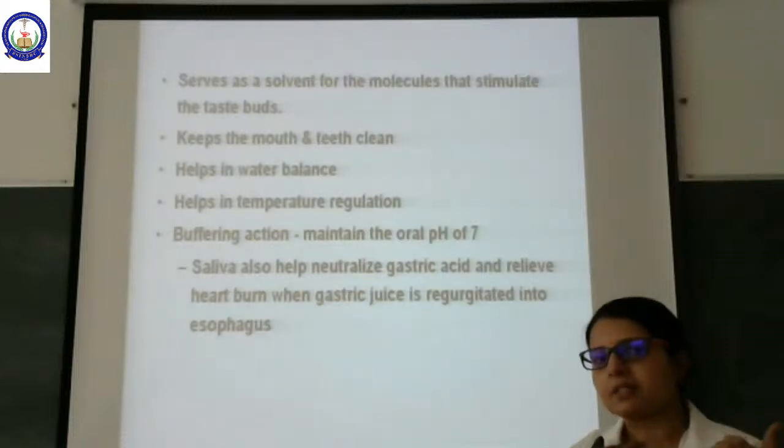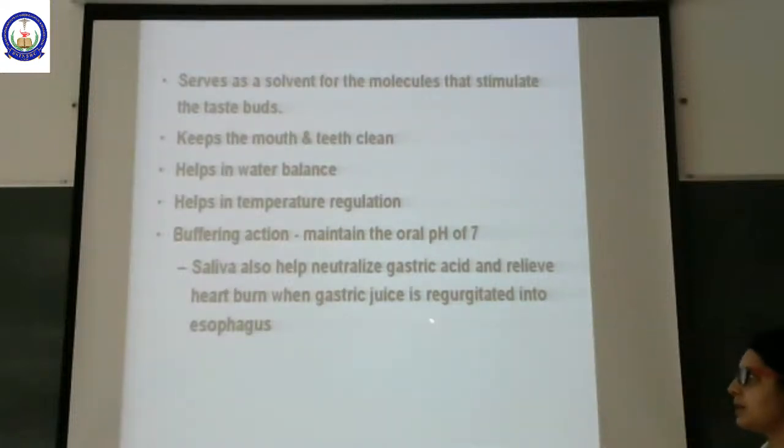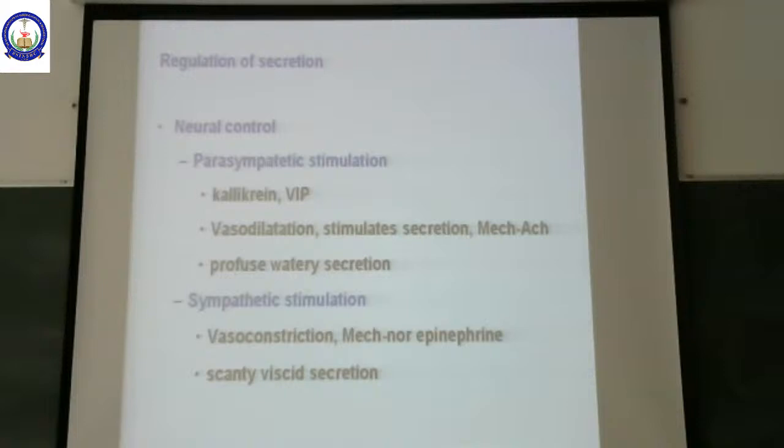In that case, even saliva can neutralize the acid. That is acid regurgitation. So it can neutralize the acid and relieve the heartburn, which is a burning sensation in the chest when gastric juice regurgitates into the esophagus. So that was about the composition and functions of the salivary juice.